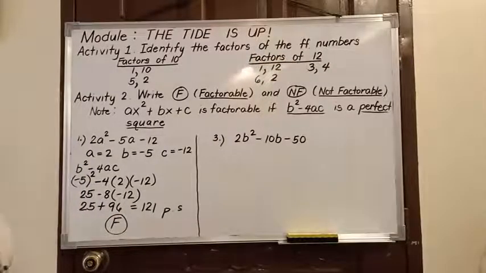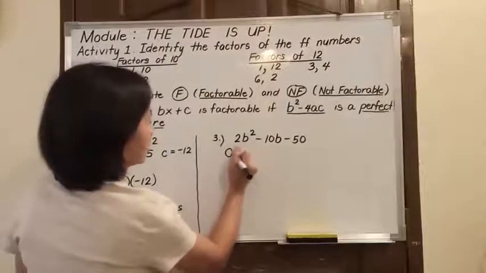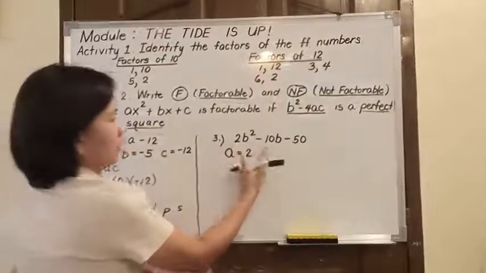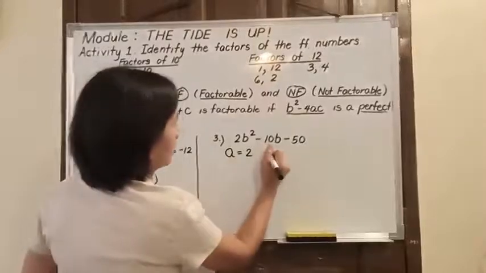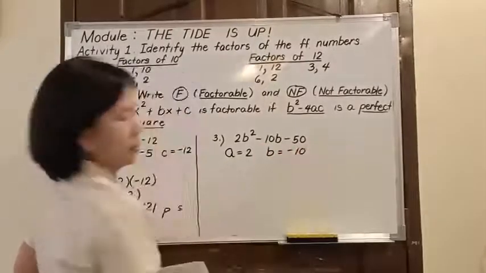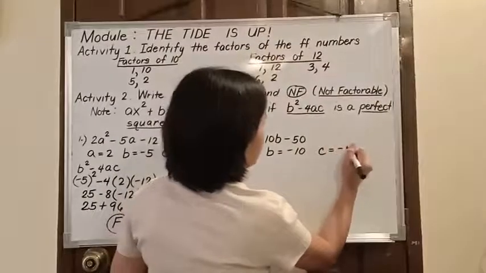Okay, next, number 3. For item 3, we have a is positive 2, the first numerical. Then, the second numerical, that is b, is negative 10. And c is the last term, negative 50.